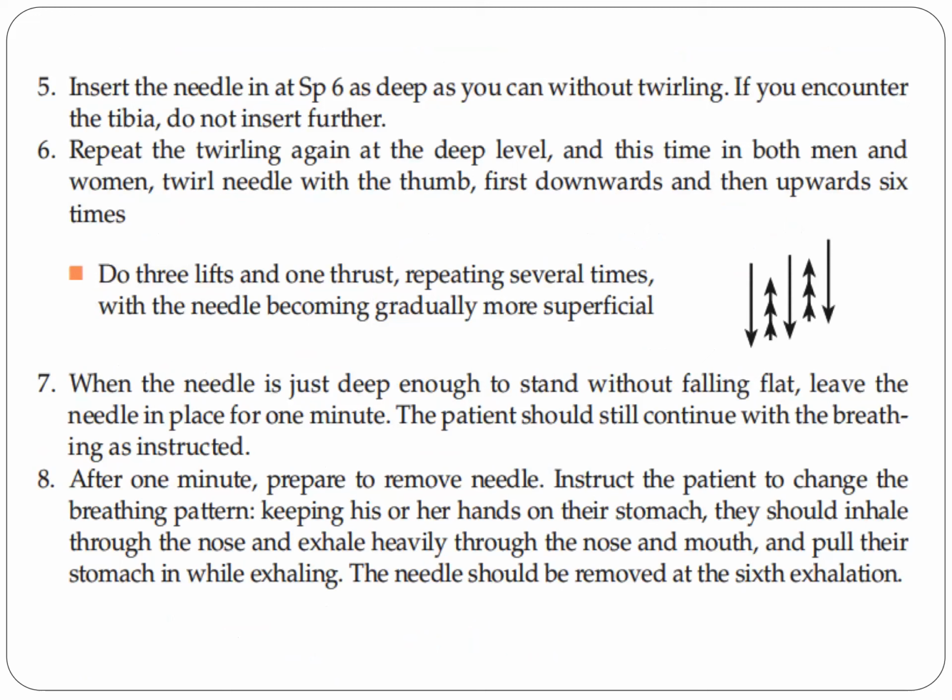If you encounter the tibia, this is most likely what your needle will hit. Do not insert further. Repeat the twirling again at the deep level, and this time in both men and women, twirl the needle with the thumb first downwards and then upwards 6 times.